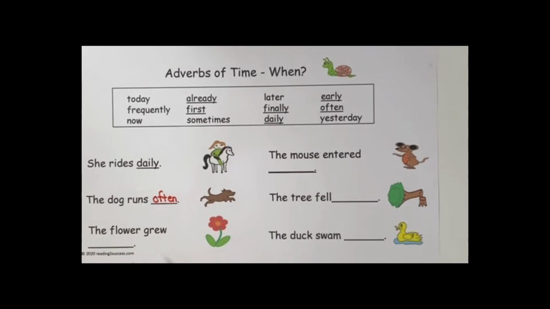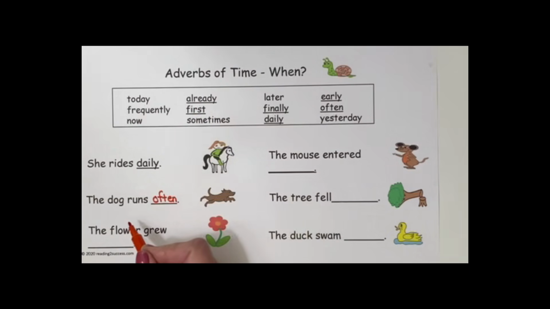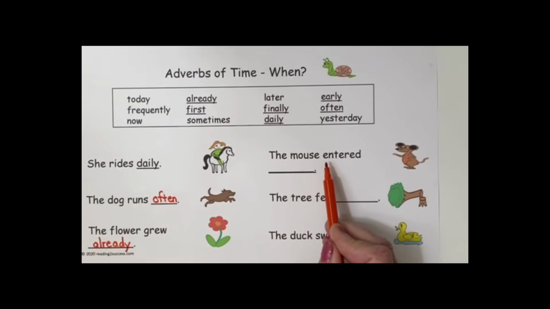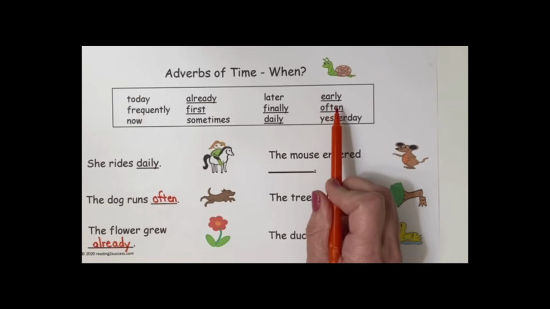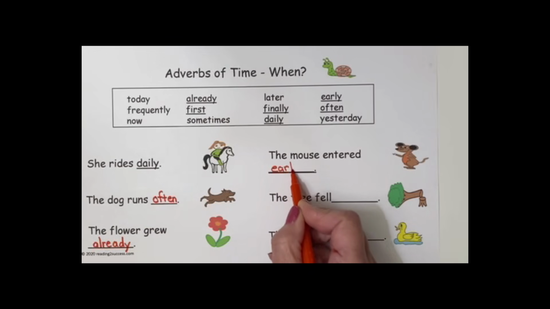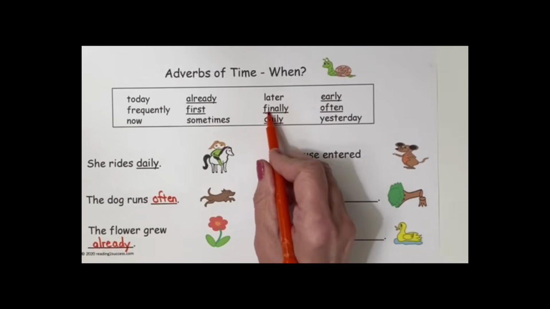Often. Okay. The flower grew already. The mouse entered early. The tree fell finally.